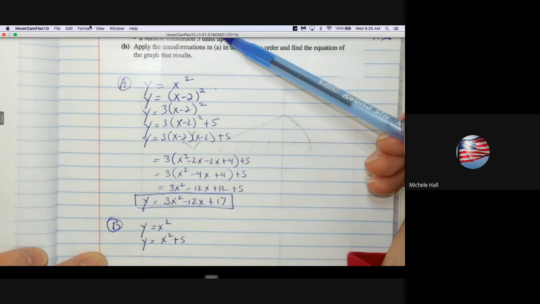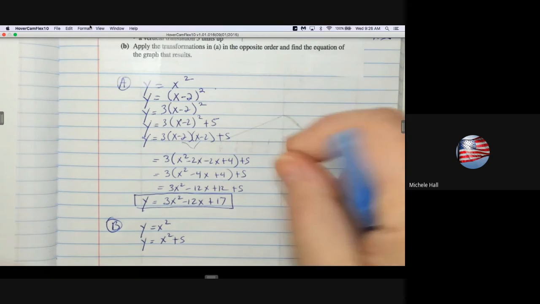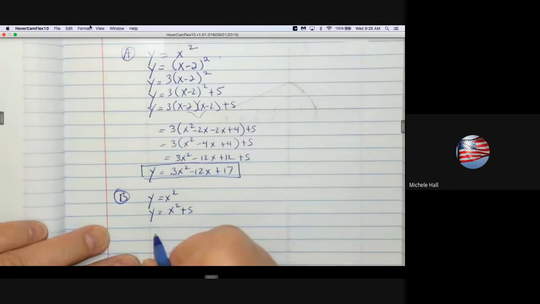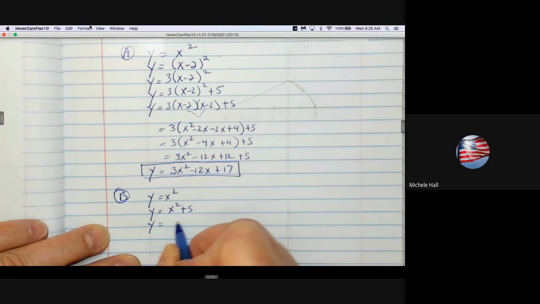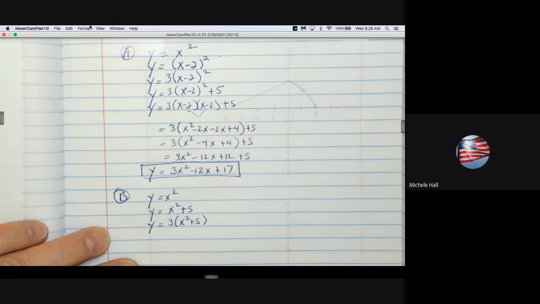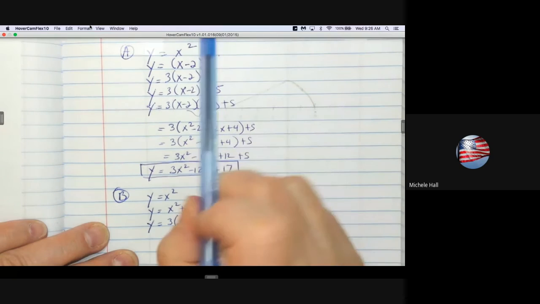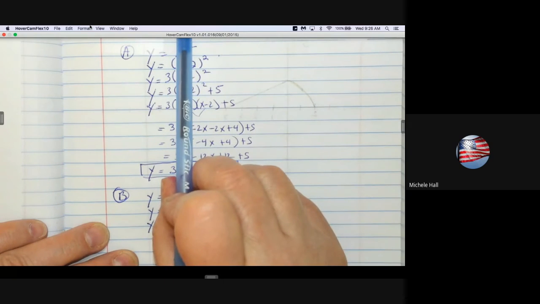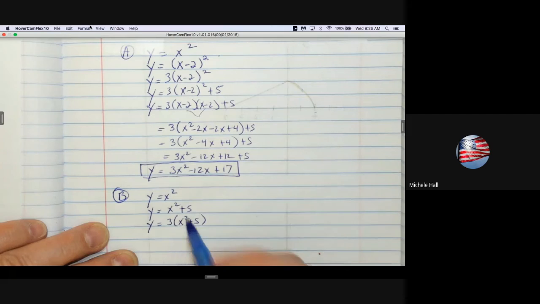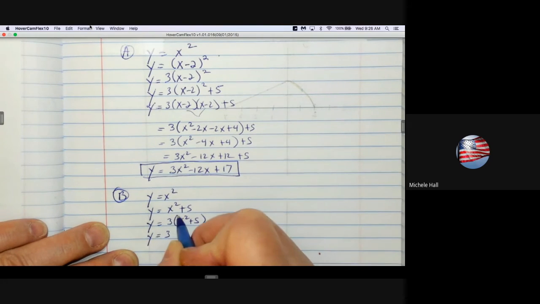Vertical stretch, multiplying vertical to the y. That means y equals 3 times the function. And now a horizontal shift 2 units on the x. So we have y equals 3. I'm going to make these square brackets.